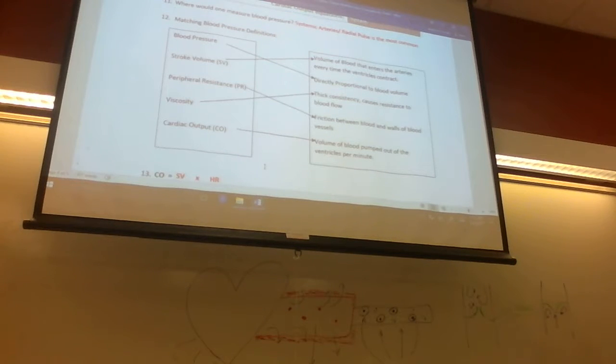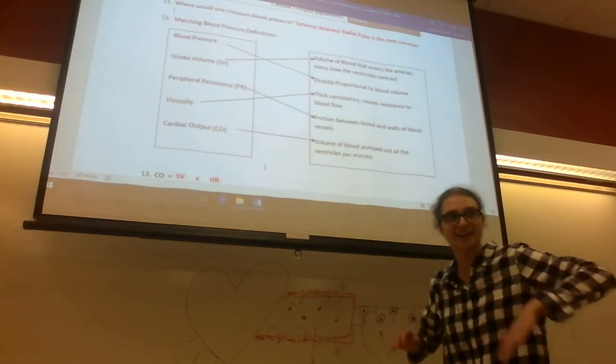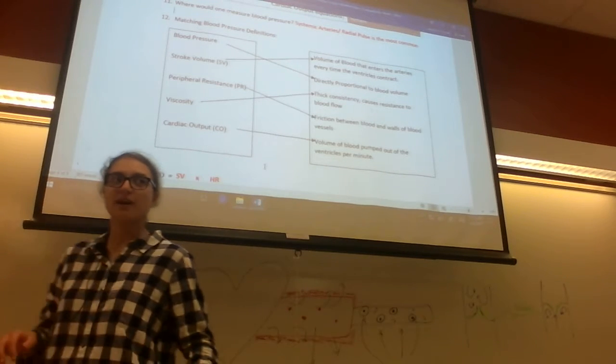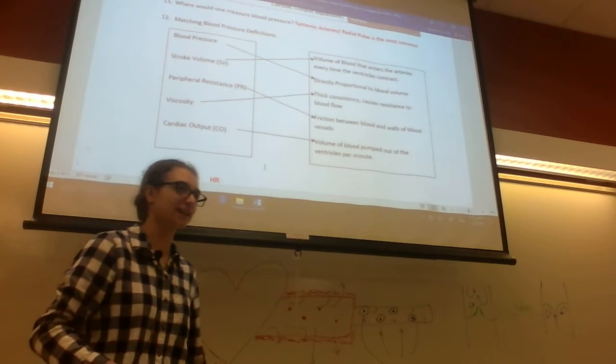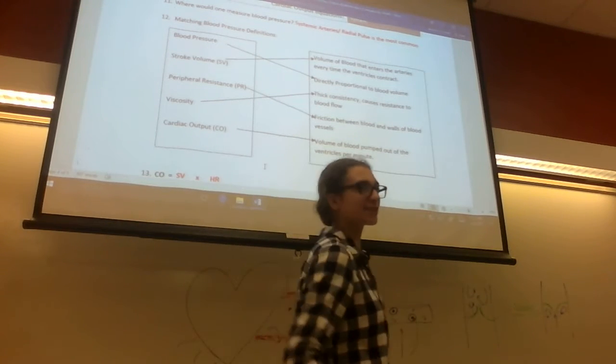Peripheral resistance. This is the friction between blood and the walls of blood vessels. Think about if this is nice and smooth. If our blood vessels are smooth, we can go sliding on the floor, kind of like this floor. But if our blood vessels are like carpet, if there's a lot of resistance, then you have to shuffle around a little bit.